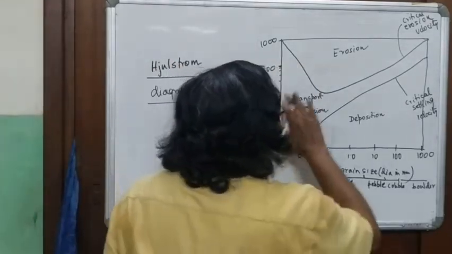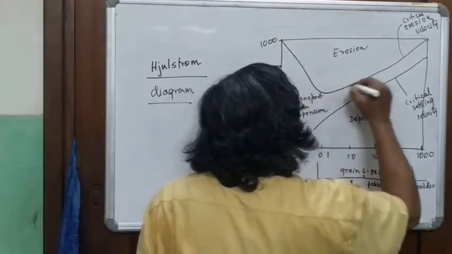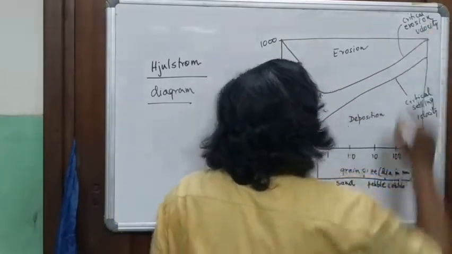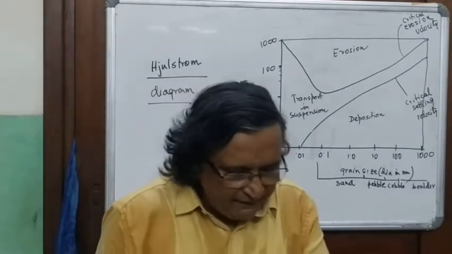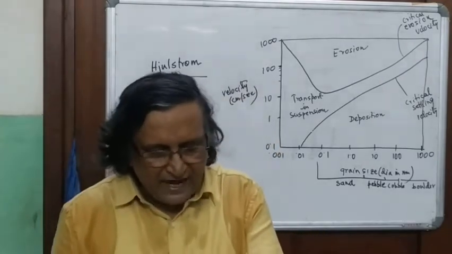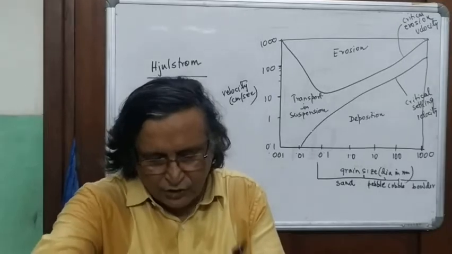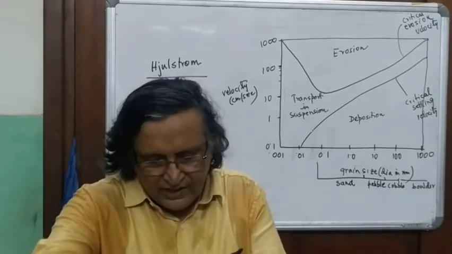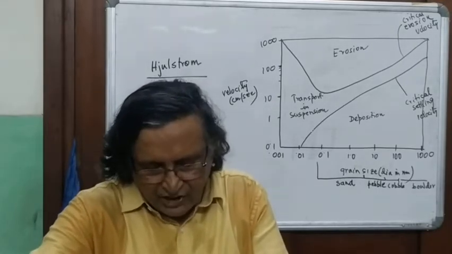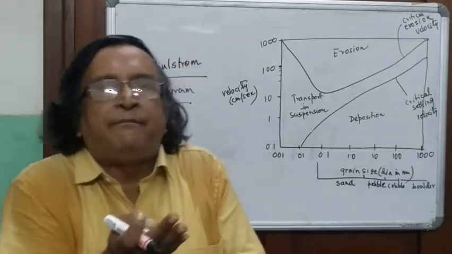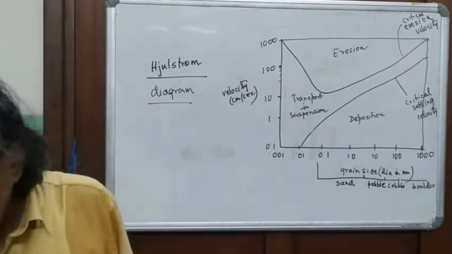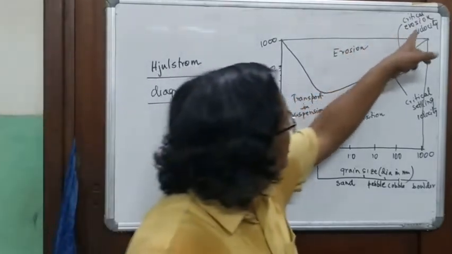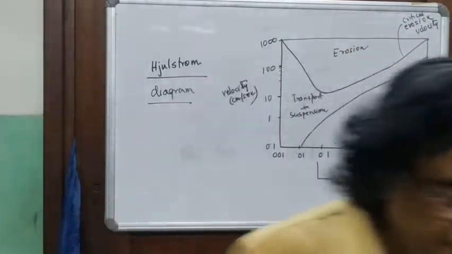And so here there are two curves essentially. One is the critical erosion velocity. That means if you have a particular material on a flat bed, and you allow water to flow and increase the speed of the water, at a particular speed sediments are lifted up. Lifted up means it is going to be eroded. So that is what is called the critical erosion velocity.